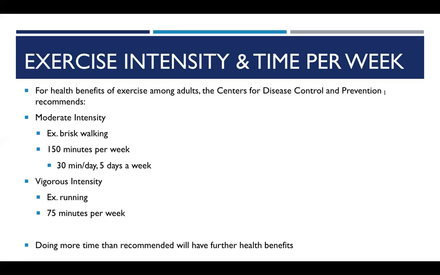And either way, you're getting those 150 minutes per week. So it may be more doable for you. And you could also break it up into more than 30 minutes a day for fewer days a week, whatever works best for you. And then with doing more time than recommended, they say that you will also have further health benefits as well.